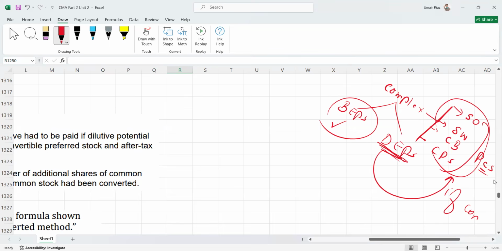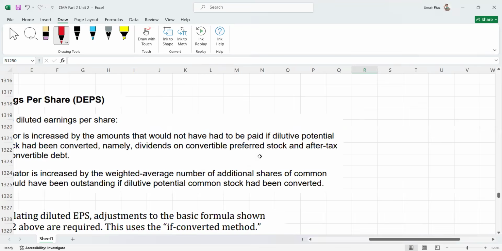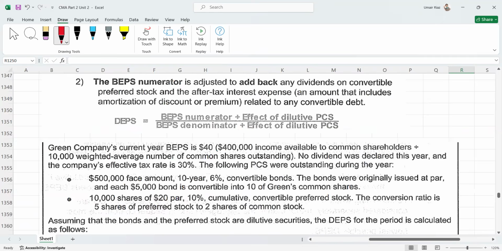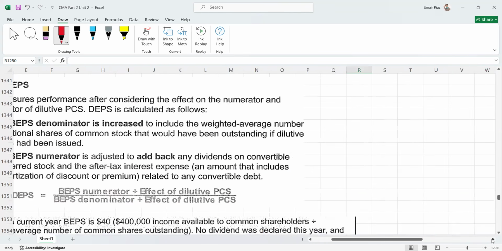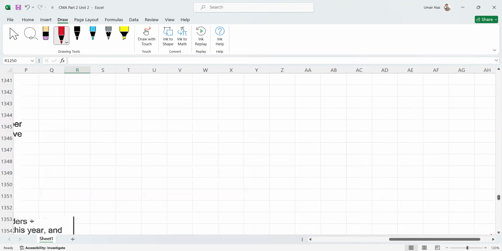Now, without wasting any time, I'm just going to show you the calculation. I'm writing the formula for basic EPS first, and we'll see how diluted EPS is calculated.